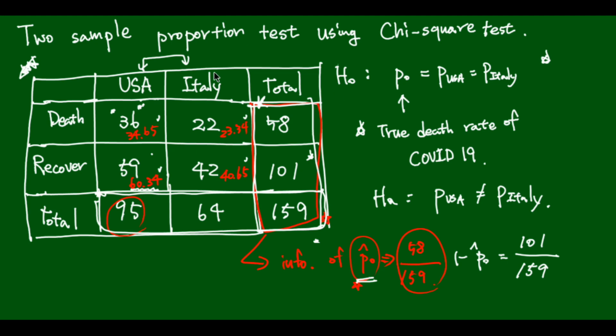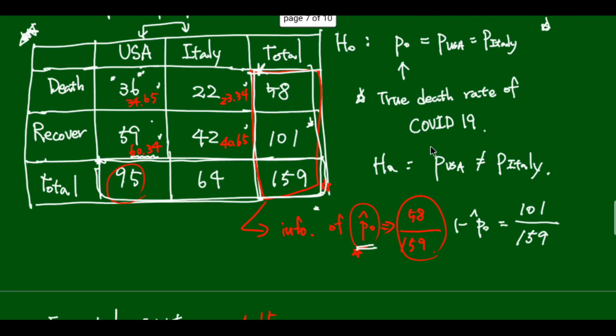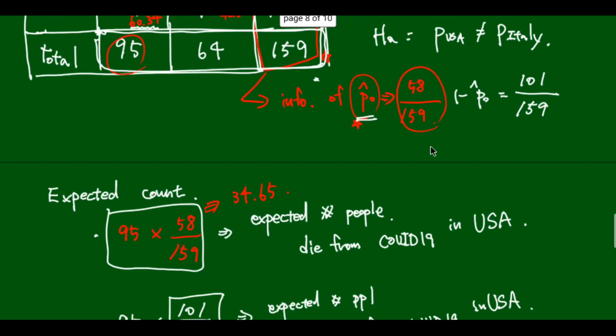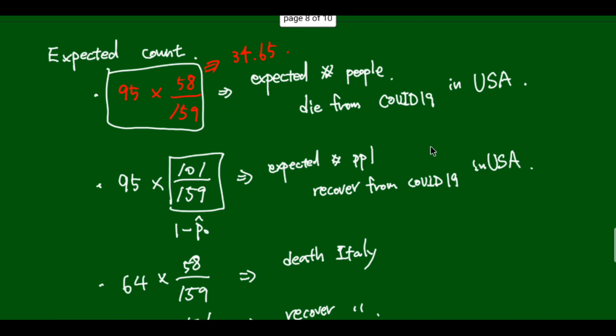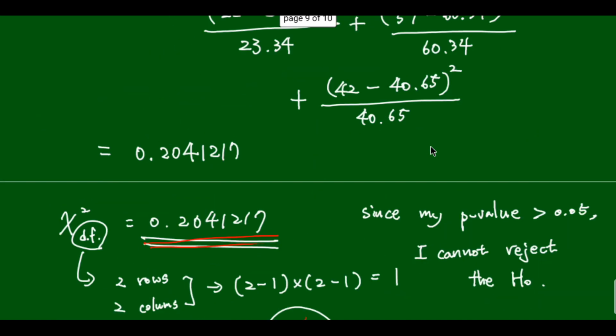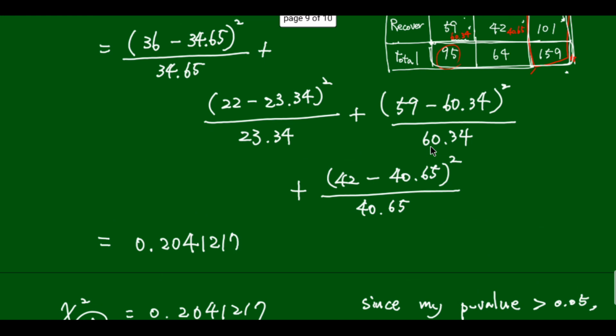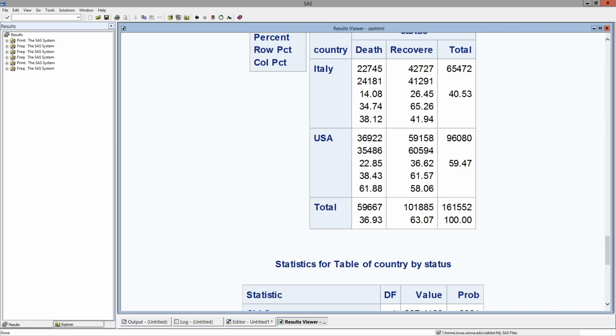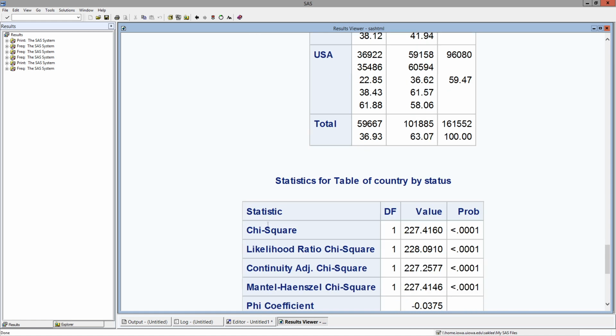If I use this table, I will get this test statistic, 0.20412. But if I use the real data, which is really big, then my test statistic for chi-square will become really large.